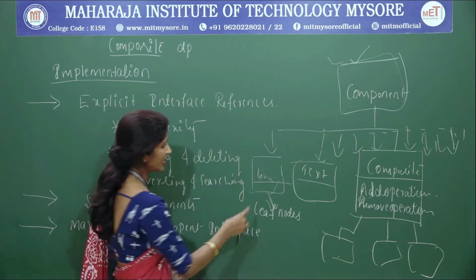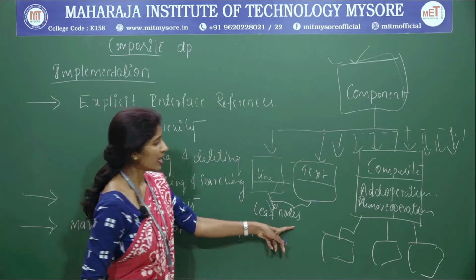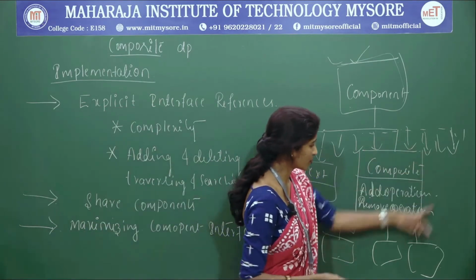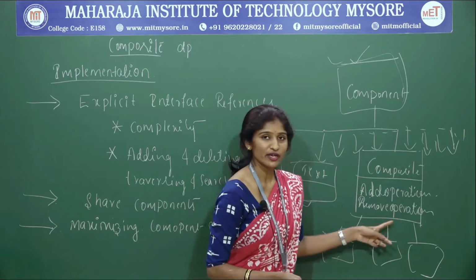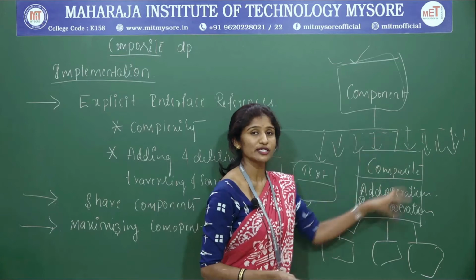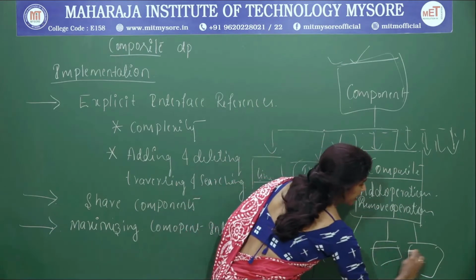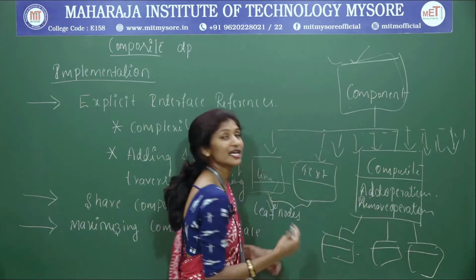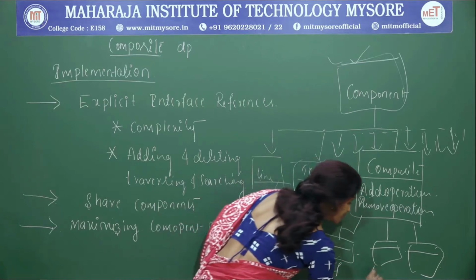The line and the text, I am going to denote as leaf nodes. This other one I am not going to consider a leaf node, because through it I am actually deriving other classes. Leaf nodes are at the end. The composite can derive more classes.